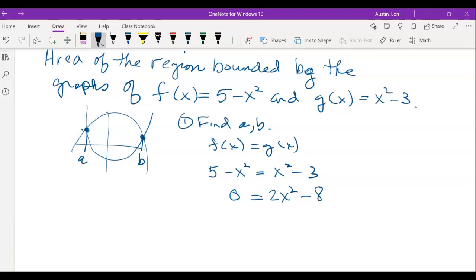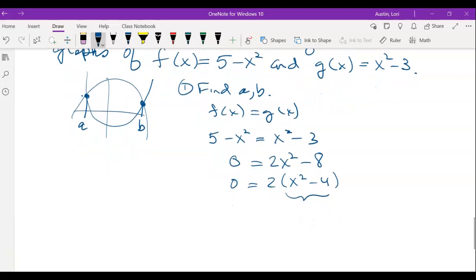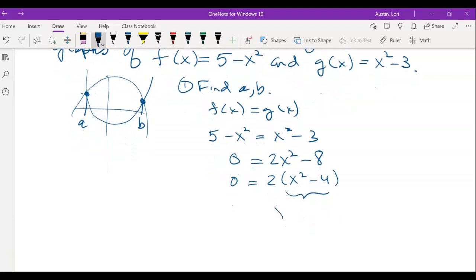2x squared minus 8. Take out, oh, you're just factoring. Take out the 2. You get x squared minus 4. Right? What are my 2 x values that make that whole thing go to 0, everybody? As I said, you had to go back to algebra 2 here.